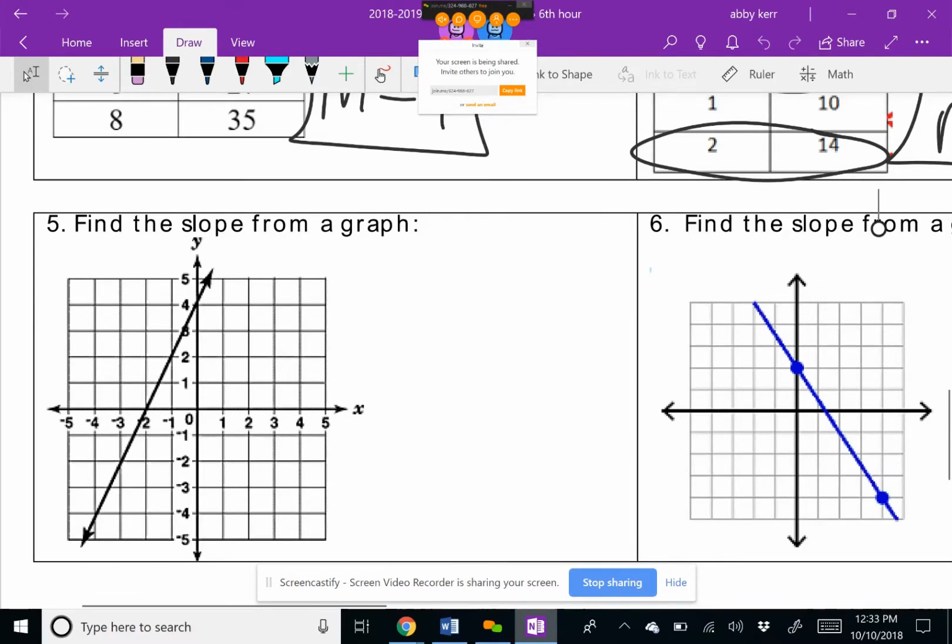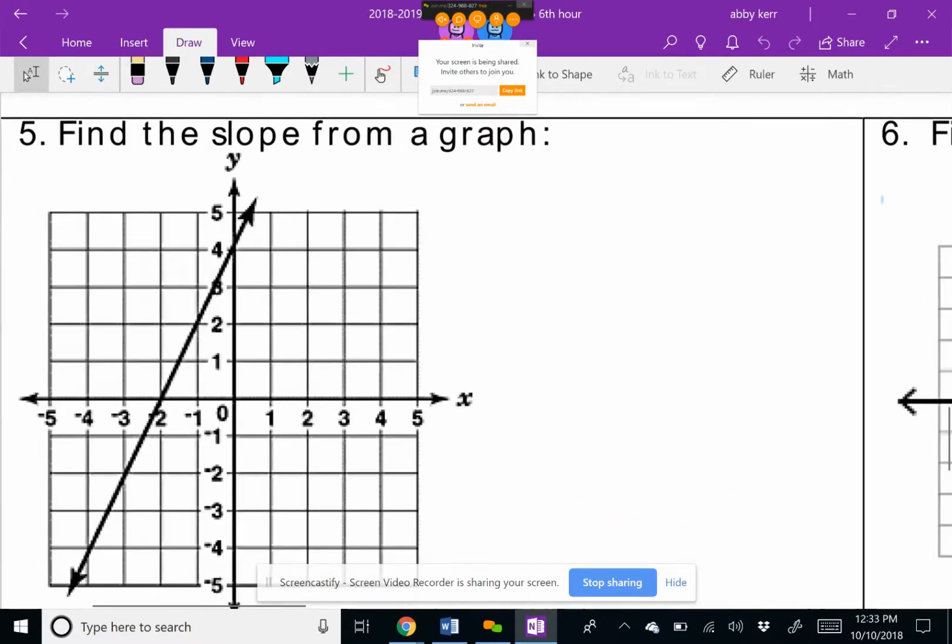So for number 5 of the graph, like I was saying before, your middle school teacher probably let you do rise over run. I'm just going to show you how to pick the ordered pairs. You want to pick the ordered pairs that are at the corners or the intersection of the graph, because that represents the integers.